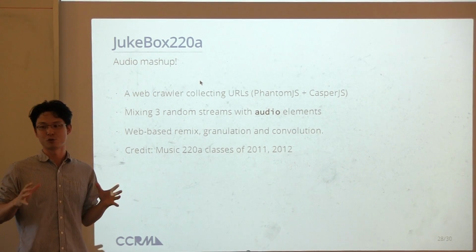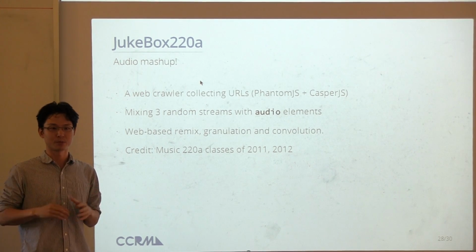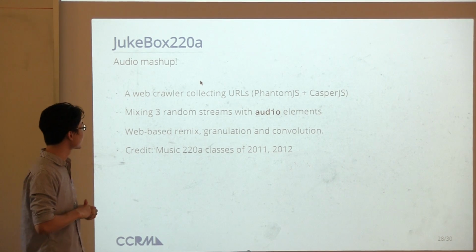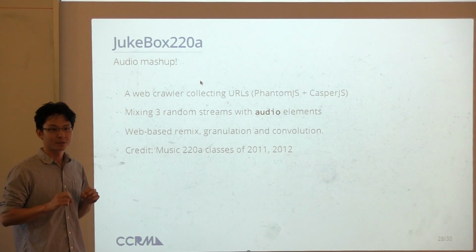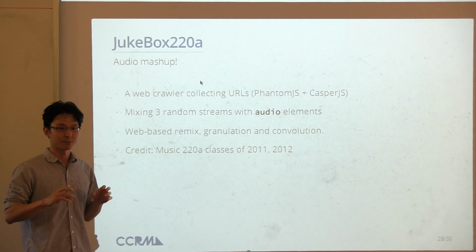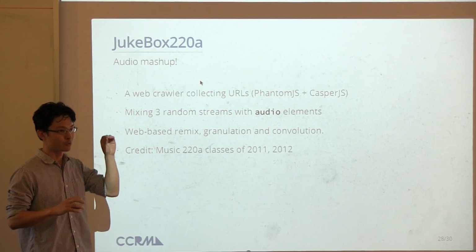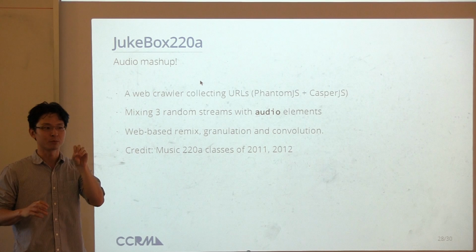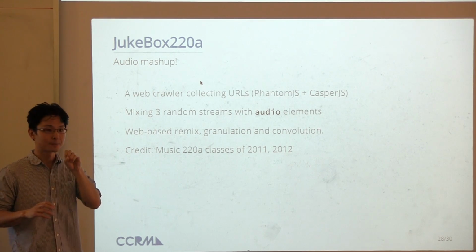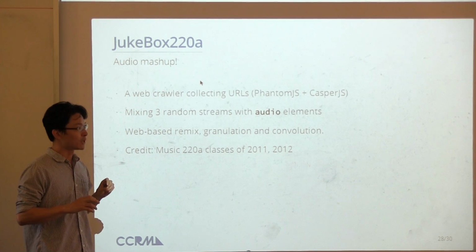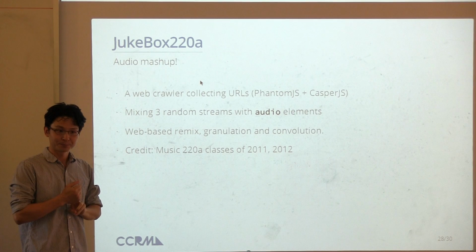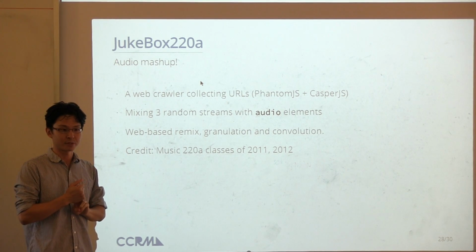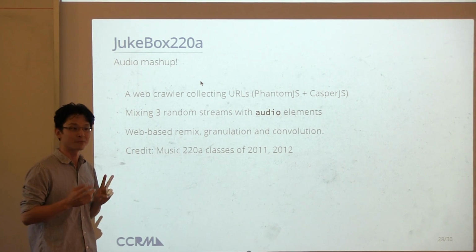The class is usually really huge, like 30 or 40 students. So I created a web crawler with JavaScript that goes through 10 years of the homework directory and collects all the URLs for wave files. Right now I have 2 years of data, about 900 wave files.